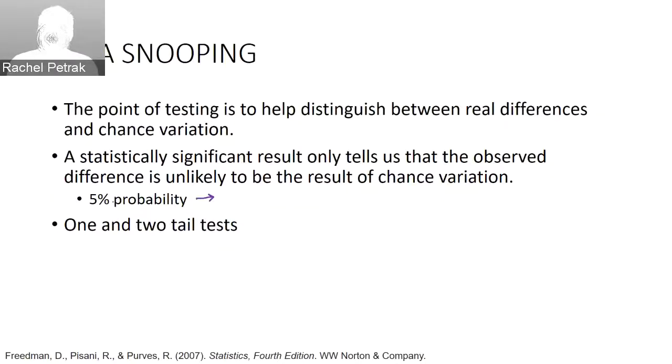Just to hit that home again, our 5% probability tells us there's a 5% chance or risk that even though you found a significant difference, that difference is actually just the result of chance variation, and you happened to get a sample that has extreme values.